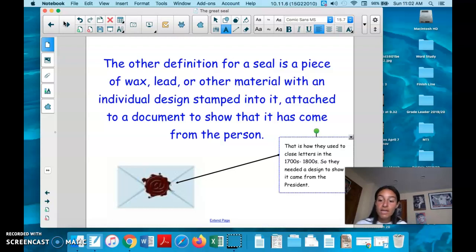Over time, the Great Seal has still been put on many things to show that this is true. This is a real document from America. It's kind of like the signature of America.